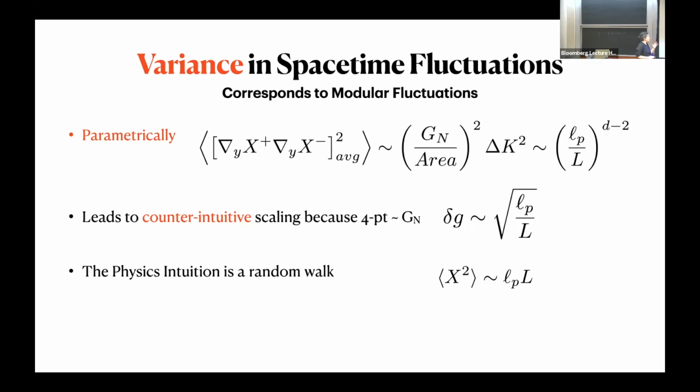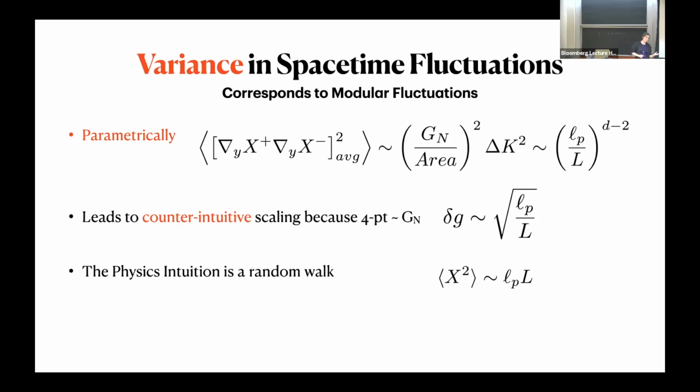The reason you end up with a funny scaling is that you have a 4-point function that scales like G Newton. And the reason you ended up with G Newton and not G Newton squared is because delta K squared has a 1 on G Newton in it.